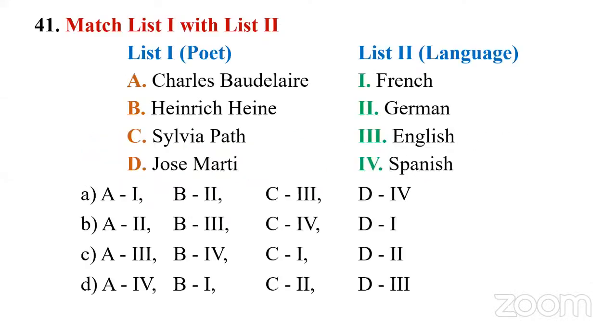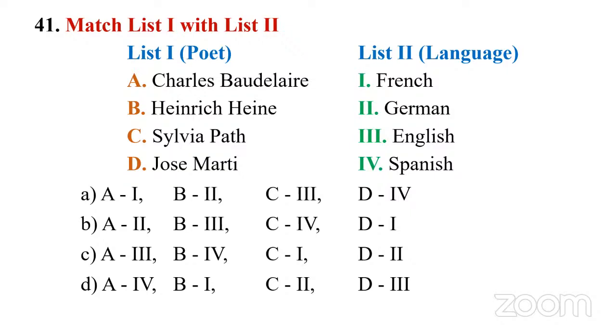So, 41, match list 1 with list 2. On the one side, you have list 1, poets, and list 2, languages they wrote in. Under list 1, we have A, Charles Baudelaire, against which we have list 2, 1, French. Then B, Heinrich Heine, against which we have number 2, German.